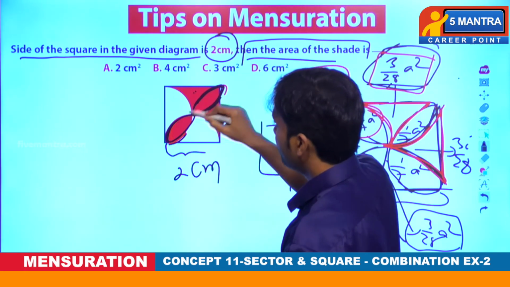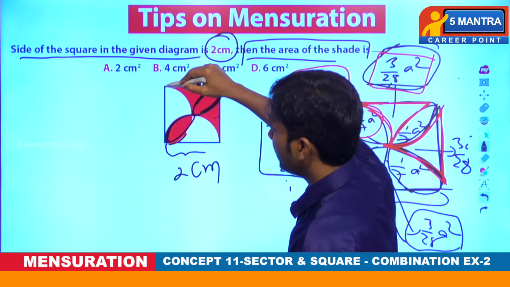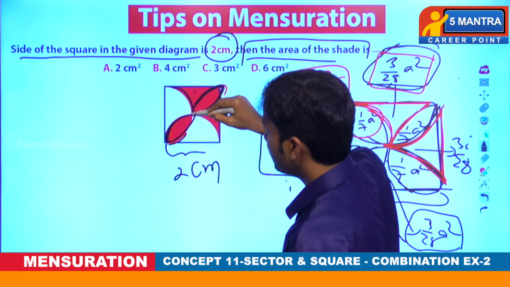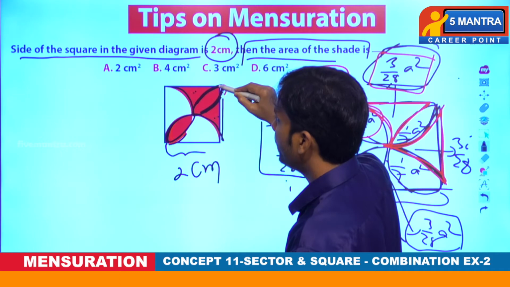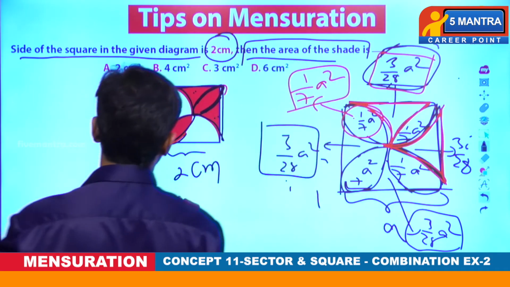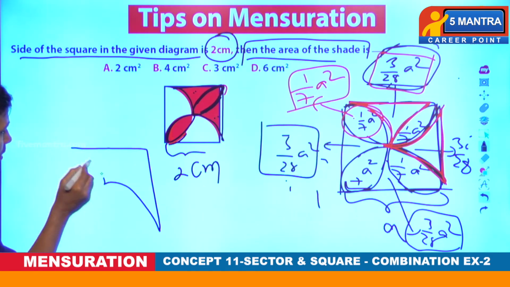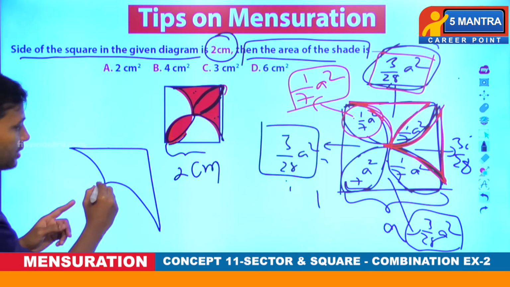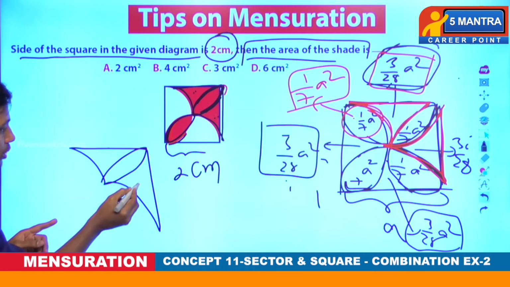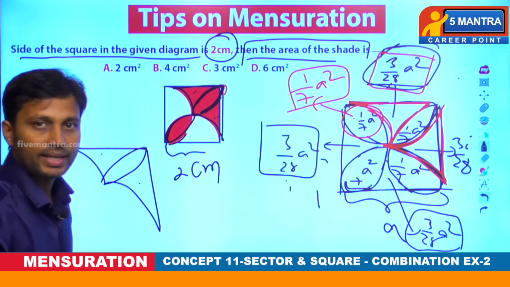This one is one petal, that's clear, but this area is a combination of one petal and two gaps, or not? One petal and two gaps.